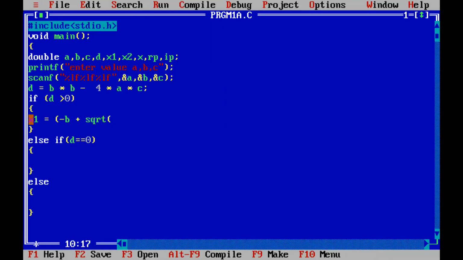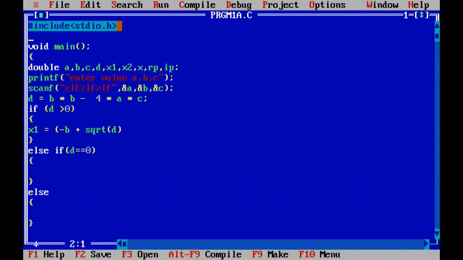One more thing we have to include now: if you are using the square root function, I told you before when we were studying header files, you have to include the header file. Which is the header file? Yesterday I had asked also, math.h, right? So you have to include the math.h header file if you are using the square root function.